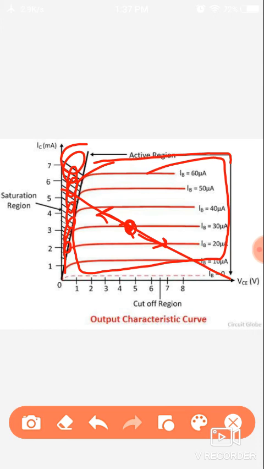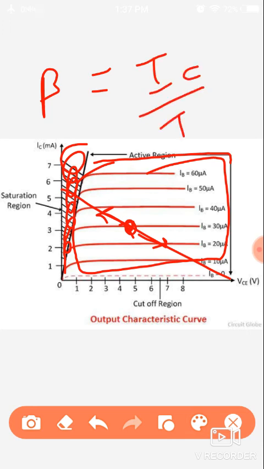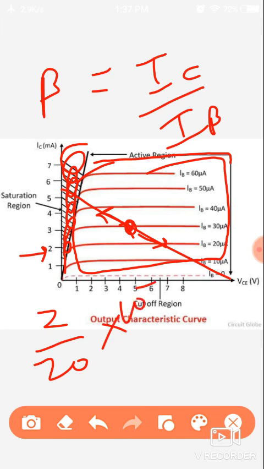So in this case the current gain beta is equal to the ratio of IC upon IB. Hence we calculate, for example, if we take 2 milliamp upon 20 microamp, so 2 upon 20 into milli upon micro.